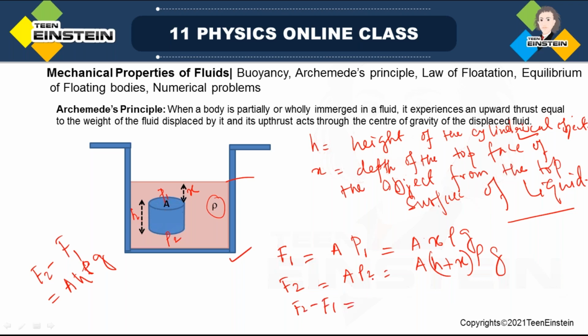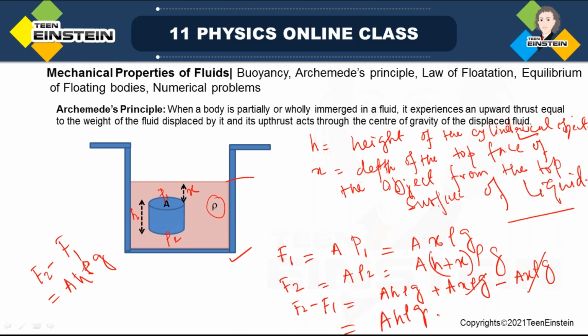F2 minus F1 is the resultant upward thrust. That is A H rho G, minus AX rho G. This AX rho G and this AX rho G get cancelled by each other.